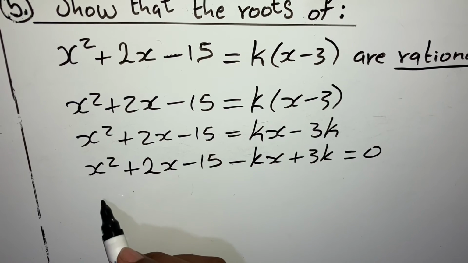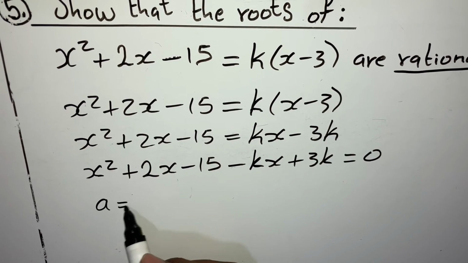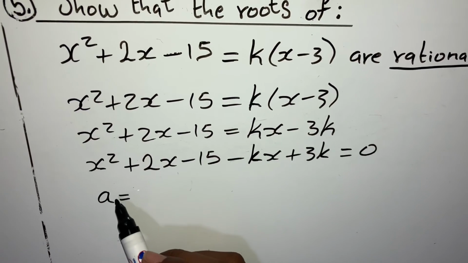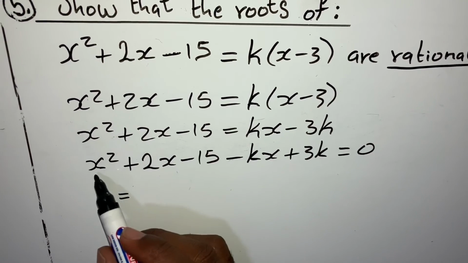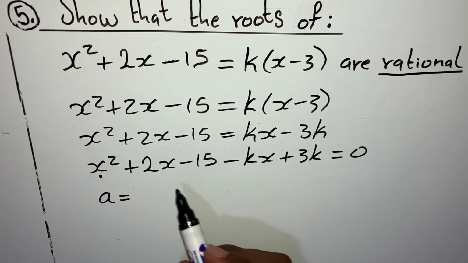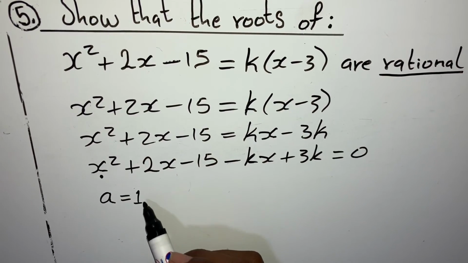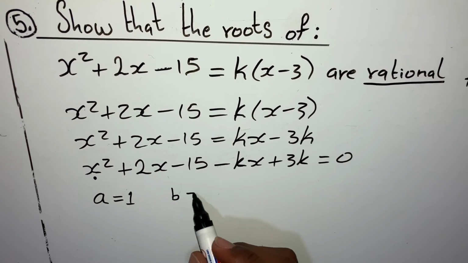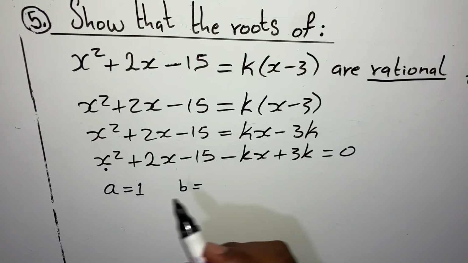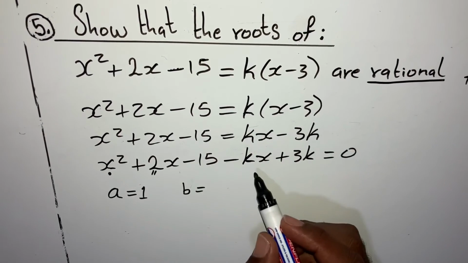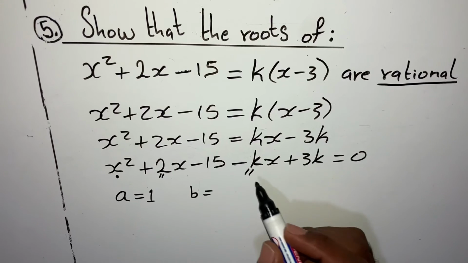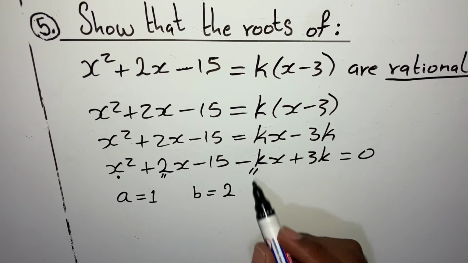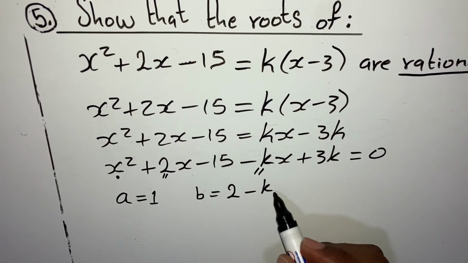Before we go to our delta, we must put things into order, where our a is everything before x squared. We only have one x squared, so there's a 1 before x squared. Then we go for our b, of which our b is everything before x. We have 2, we have a negative k, so we'll have 2 minus k.